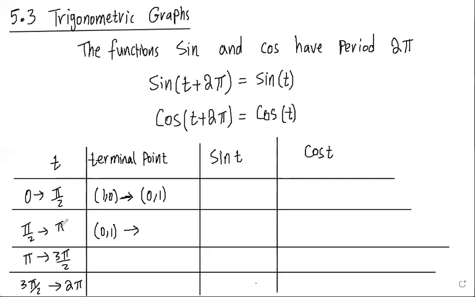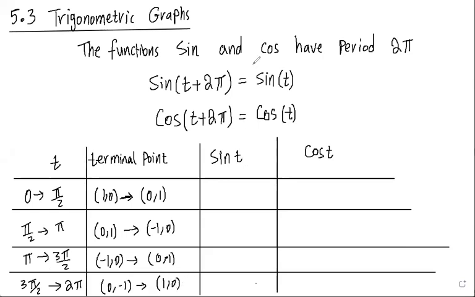The terminal point for pi is -1, 0. The same thing here, -1, 0 goes to 0, -1, and then 0, -1 goes to 1, 0.